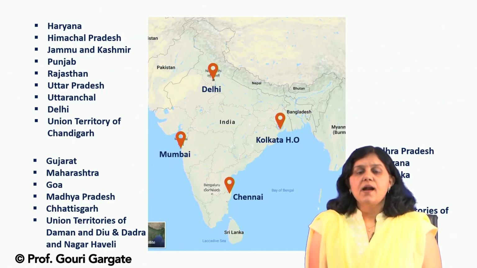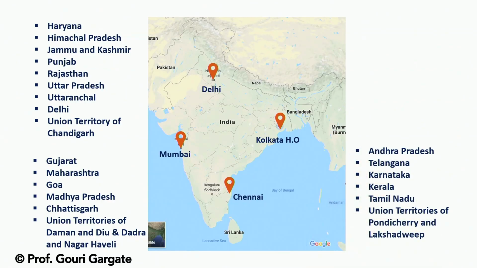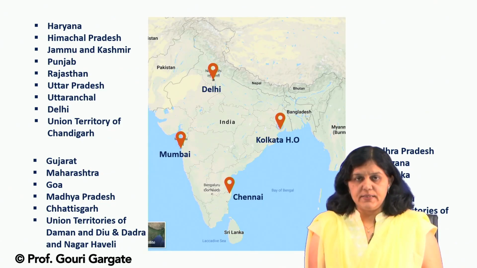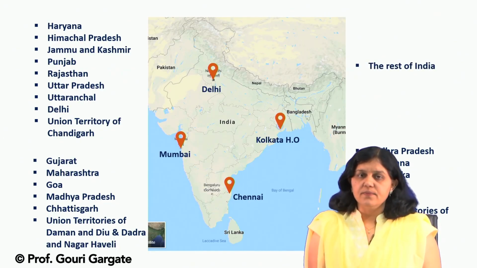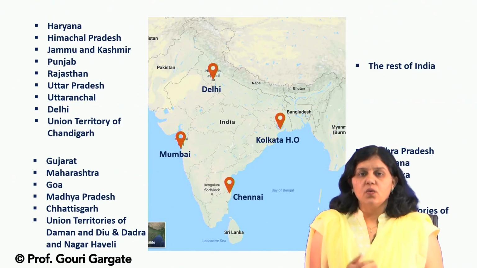Then if it is a 4, that denotes the jurisdiction of Chennai. So, 4 is for Chennai, and under Chennai there are Andhra Pradesh, Telangana, Karnataka, Kerala, Tamil Nadu, and the Union Territories of Pondicherry and Lakshadweep. Now, the last one is 3, which is for Kolkata.